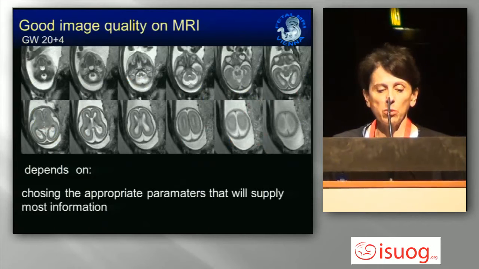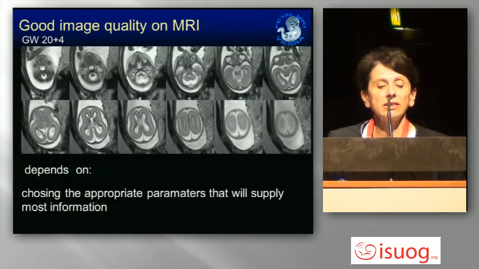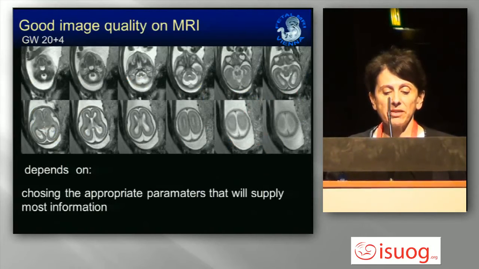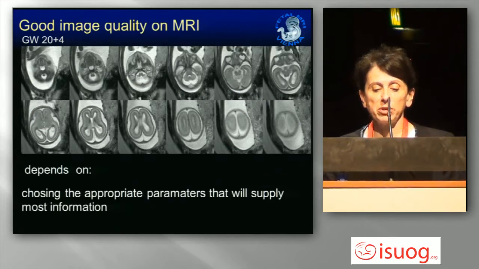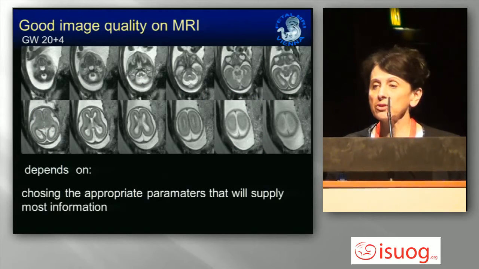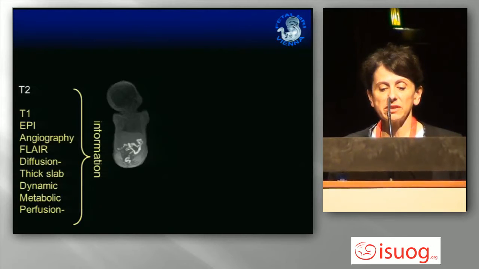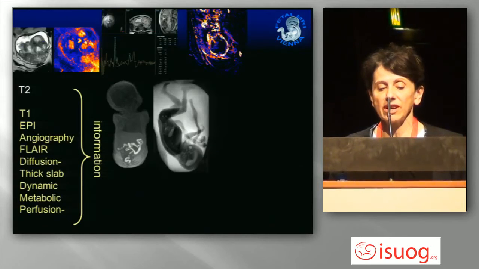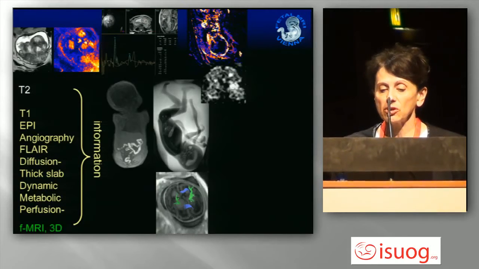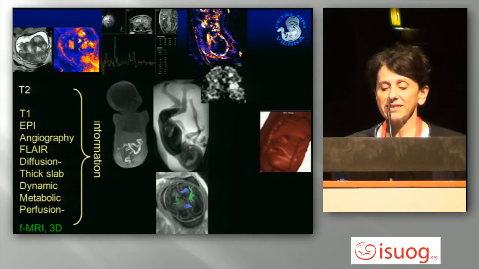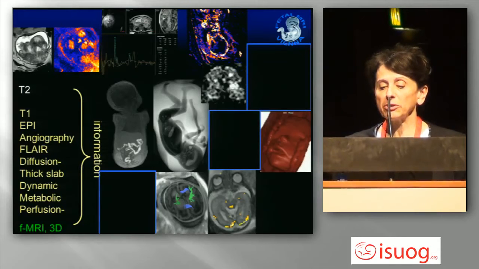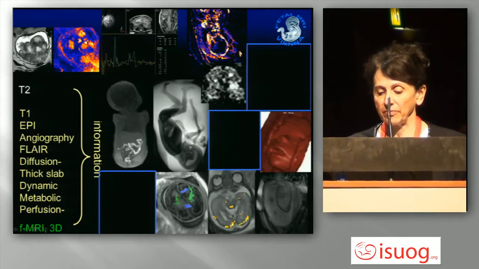Good image quality of MRI depends on, among other things, choosing the appropriate parameters that will supply the most information. So we have, in the meantime, 2 different contrasts that we can use to get the best information about the tissues we are looking at.